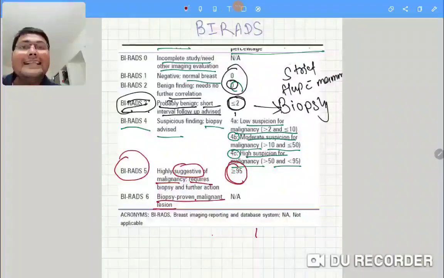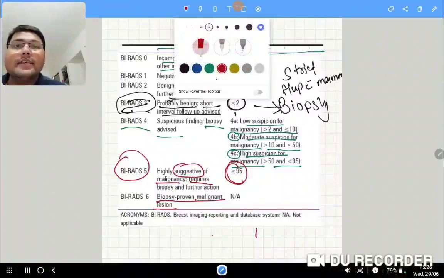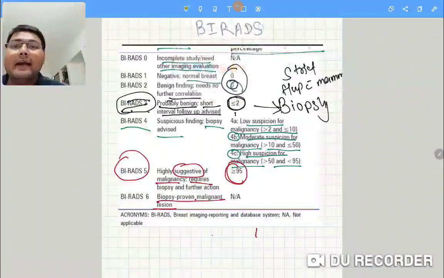So the catch here is you have to go for a histological investigation in patients with BI-RADS 3.